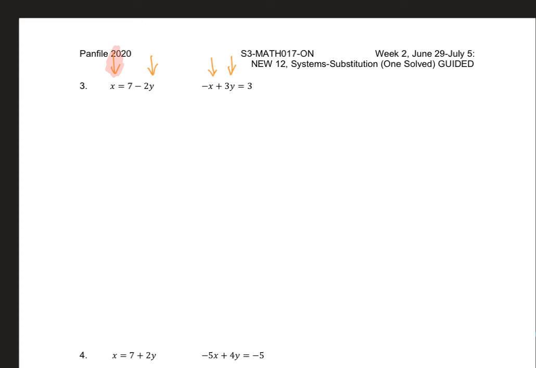So that's the one I want to use. Which means that in my second equation, I want to get rid of x, which means I'm going to rewrite my second equation with my x removed.